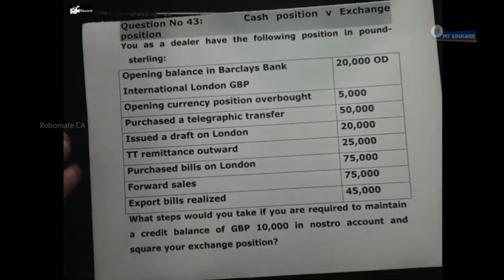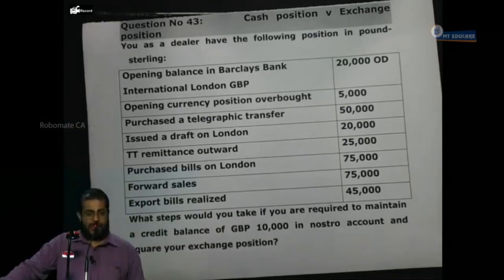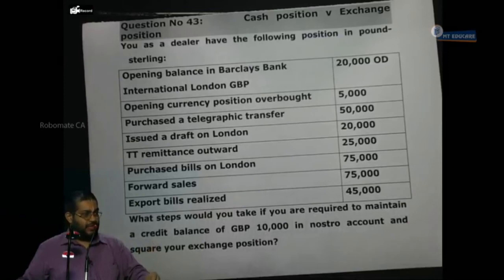You as a dealer have the following position in pound sterling. So you are an Indian bank and you are having a position in pound sterling. That means you should maintain a pound sterling account with a bank in Britain.